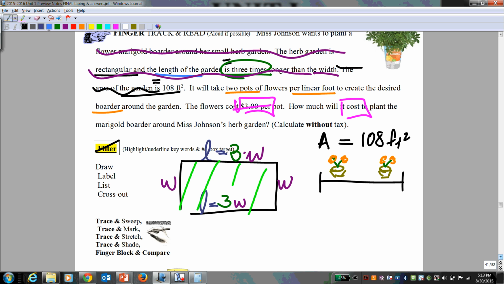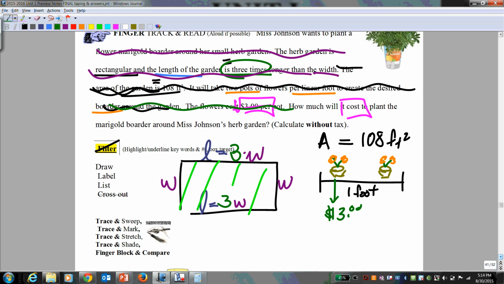Okay, so for every 1 foot, we're going to do 2 pots of flowers. Take care of that. Each pot of flower costs $3 each. Take care of that. How much will it cost? So ultimate goal is cost again. So cost, question mark, box.